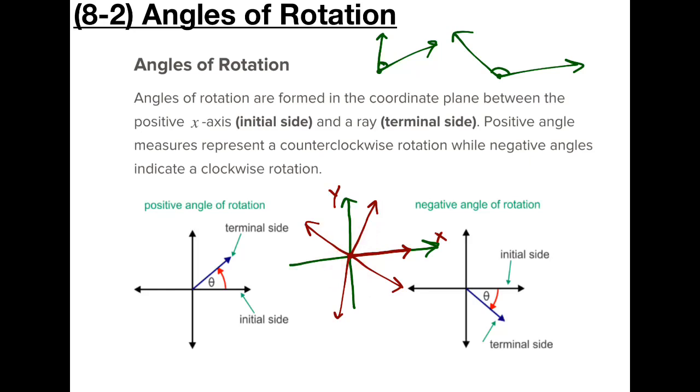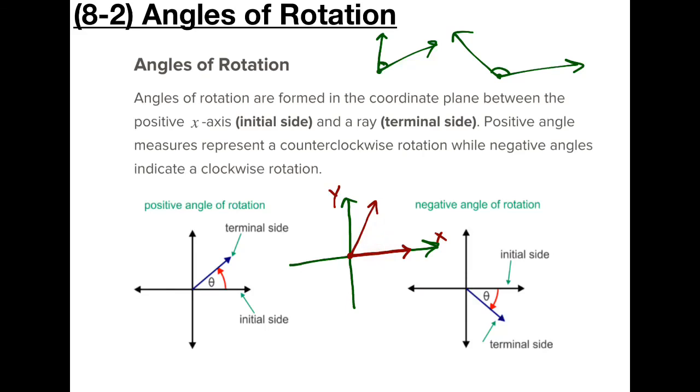All right, so let me get rid of these extra rays. Let's just say we have this one. Now this defines an angle in standard position because its vertex is at the origin, one of the rays is on the positive x direction, and the other ray could be anywhere. So this is an angle in standard position.